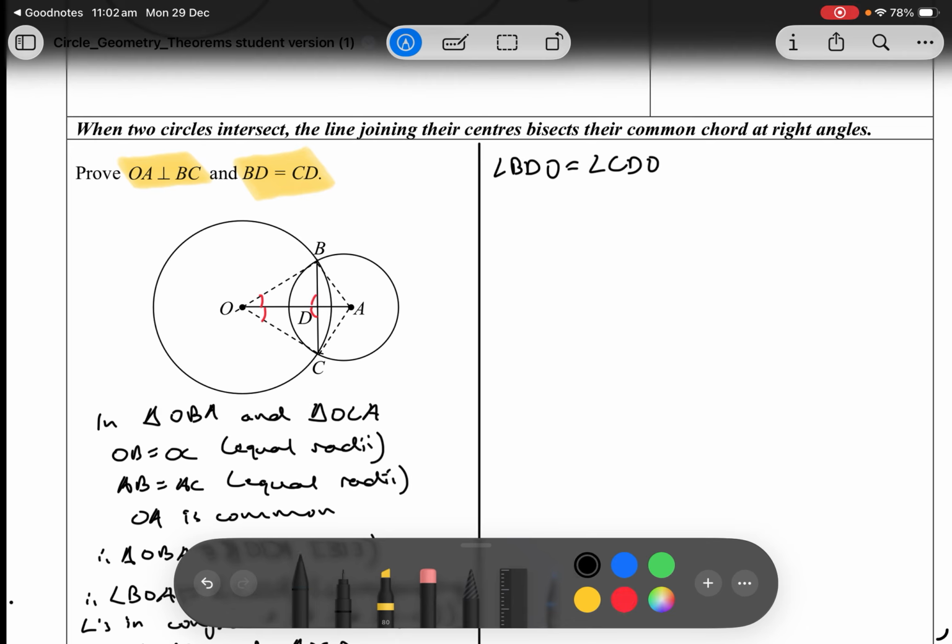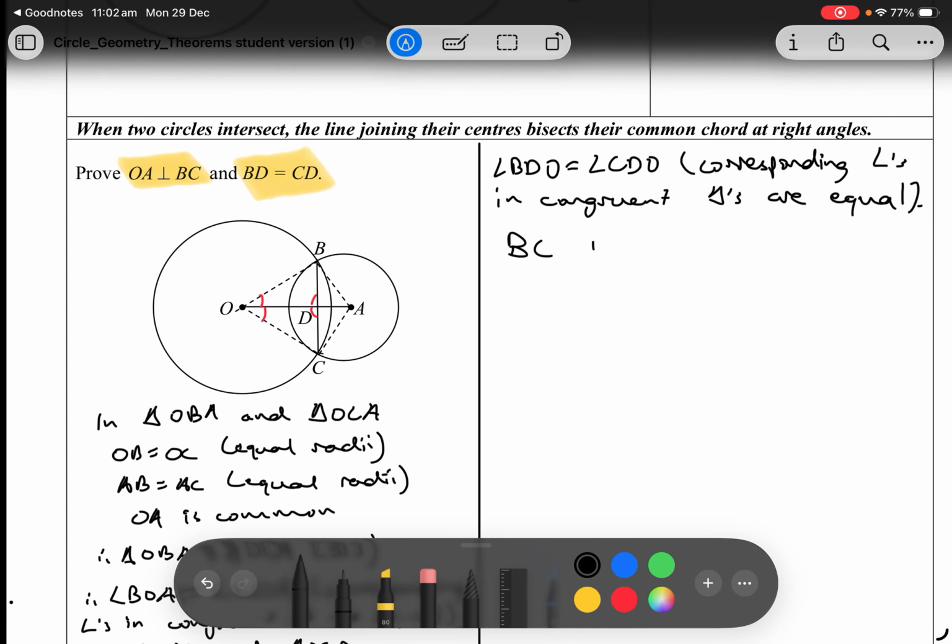And the reason is corresponding angles in congruent triangles are equal. Okay, now BC is a straight line, okay? So let's actually just make a note of that. BC is a straight line.